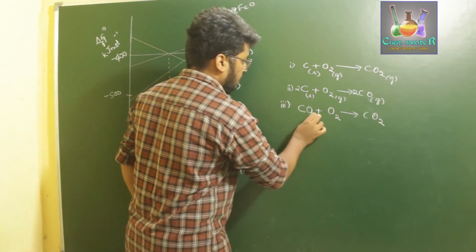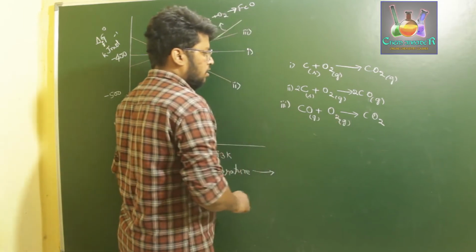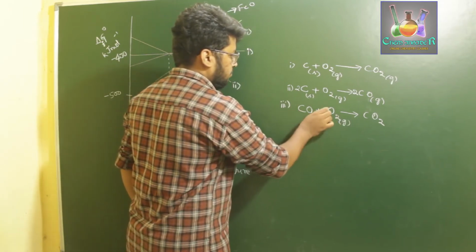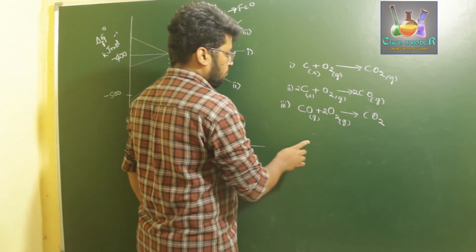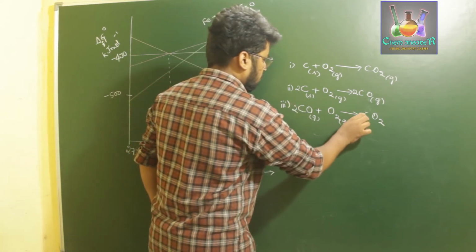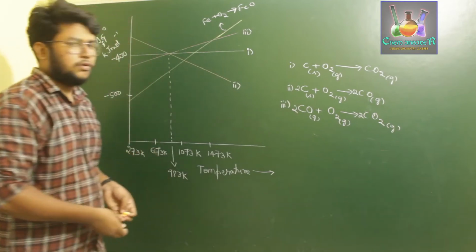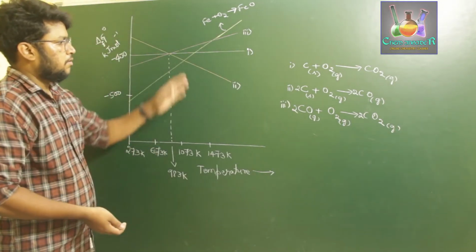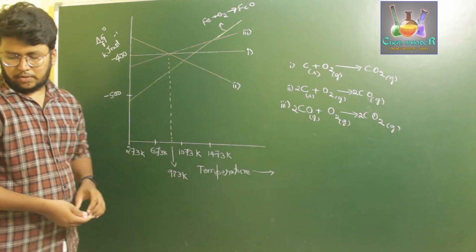And in the third case, we have gaseous carbon monoxide along with gaseous oxygen, which gives our third reaction of carbon monoxide to carbon dioxide. So 1, 2, 3 are the reactions written here.